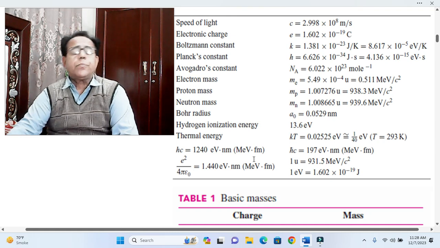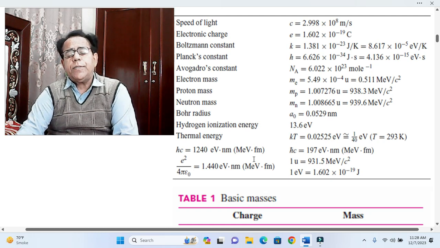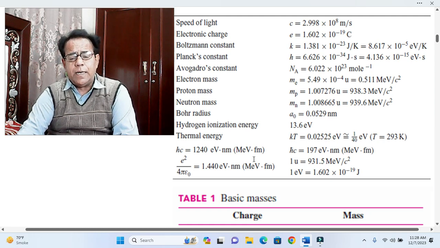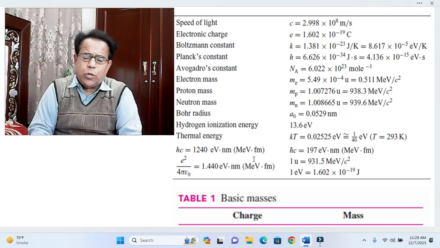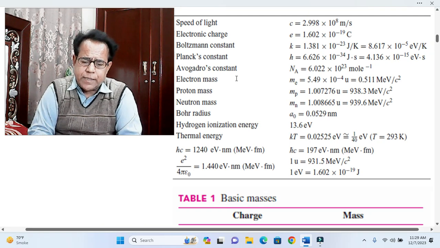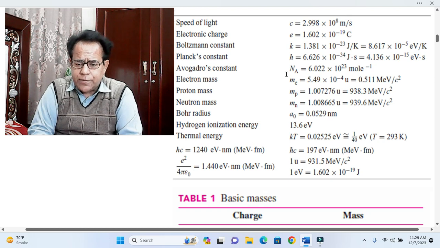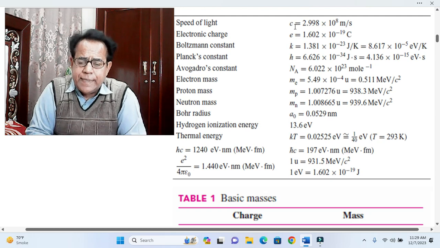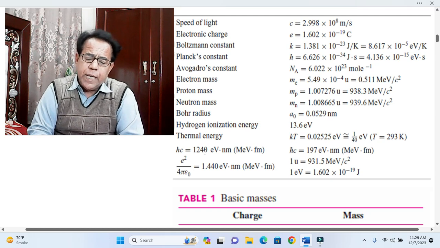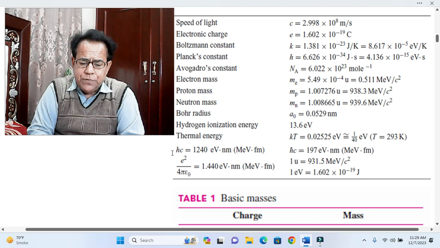So dear students, our first part is 100% completely solved in this table. Not only the value of Planck's constant h and the speed of light c are given, but also the combined value of hc which we have to show.